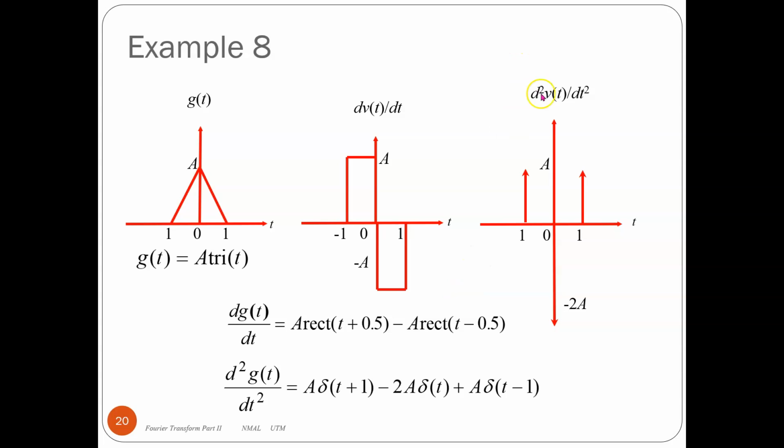For the second order differentiation of this rectangular function, we get this impulse function, given as A delta(t plus 1) minus 2A delta(t) plus A delta(t minus 1).